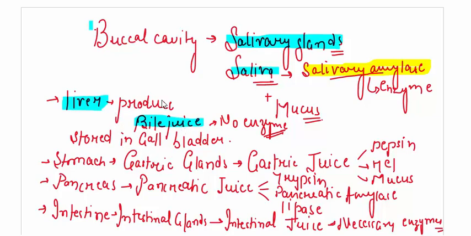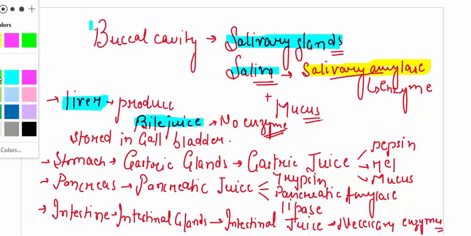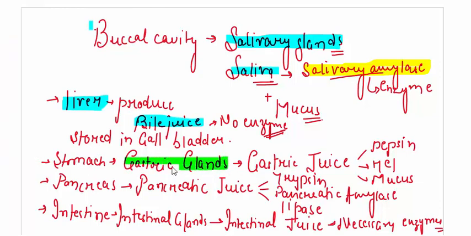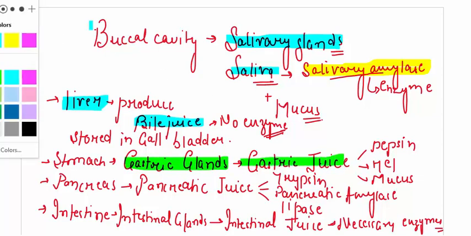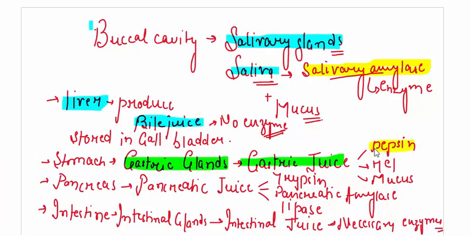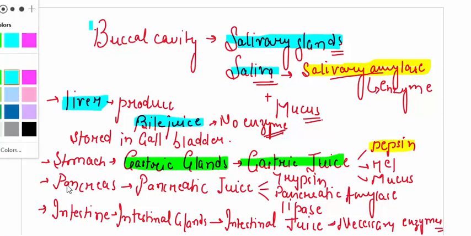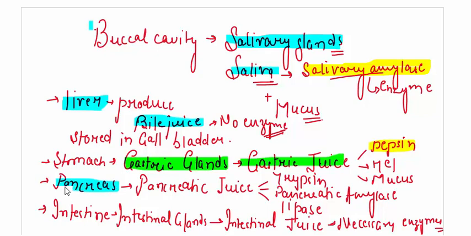So bile is produced in the liver and stored in the gallbladder. Next, you have to consider the gastric glands, which are present in the stomach and secrete the gastric juice. Gastric juice has the enzyme called pepsin. Pepsin is the protein digesting enzyme. Next, we have to consider the pancreas, which secretes pancreatic juice.